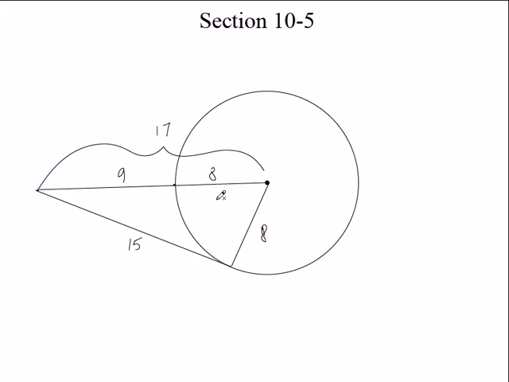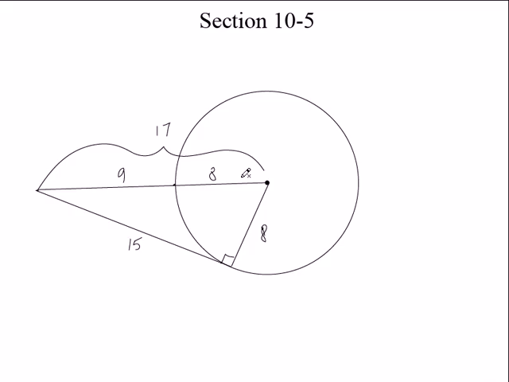Now, how do we know it's a hypotenuse? Because we know this is a radius, and they tell us that this is tangent. But the largest side is not always a hypotenuse. It always has to be opposite a right angle. So if that wasn't a right angle, that would not be a hypotenuse. It has to be a right angle for this thing to be a hypotenuse. Does that make sense? Not just because it's opposite the largest angle.